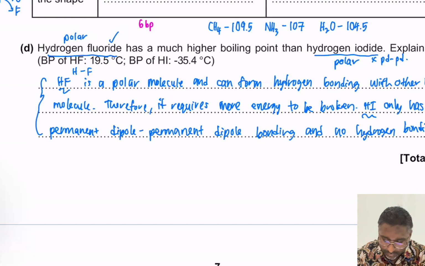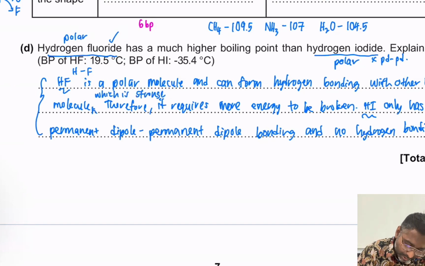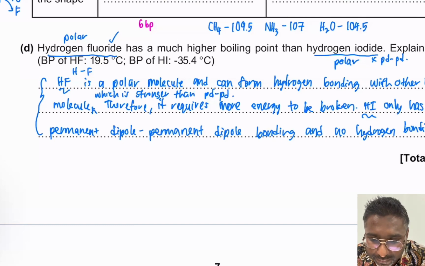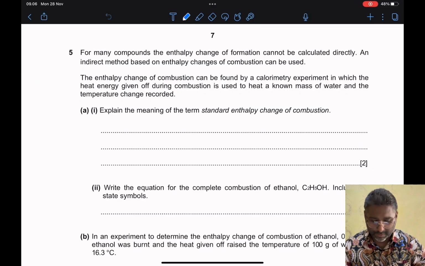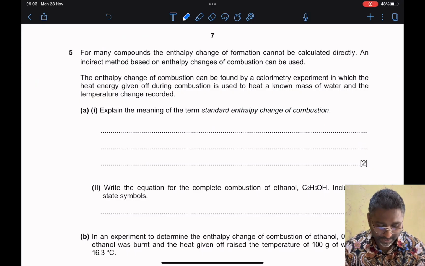You can just say it's a polar molecule that can form hydrogen bonding, which is stronger than permanent dipole, then after that you continue. It's a very good answer already. This will give you the 10 marks. Let's look at question number 5.